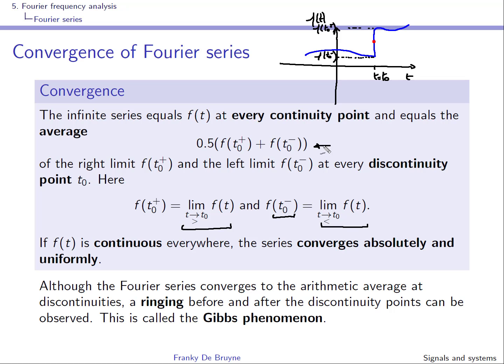Although this Fourier series converges to the average at discontinuities, there is a ringing effect before and after discontinuity points, and this is called the Gibbs phenomenon.